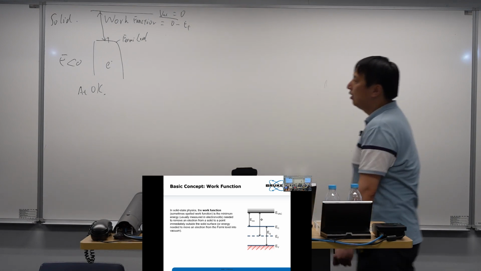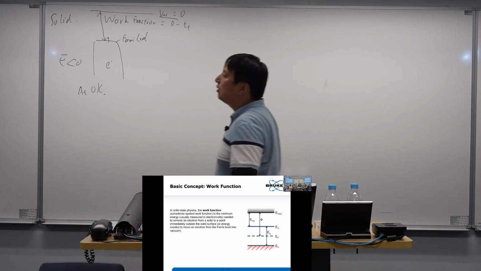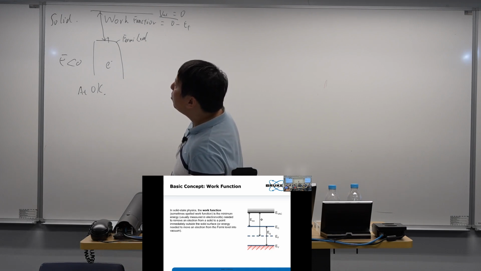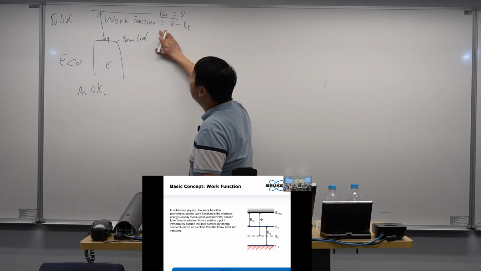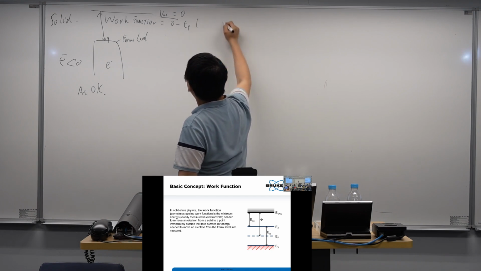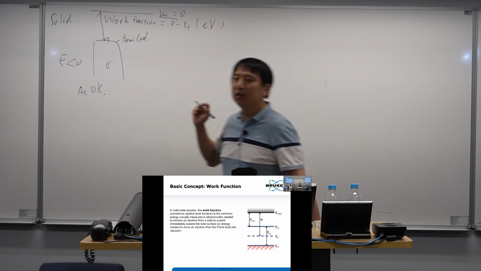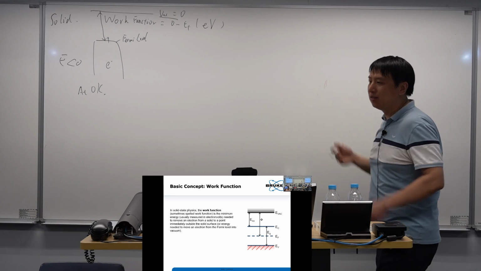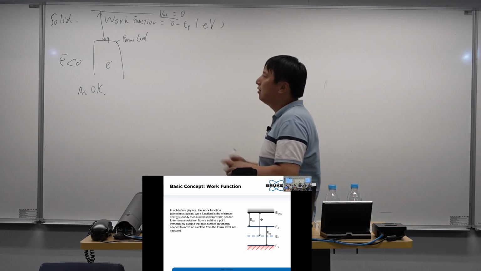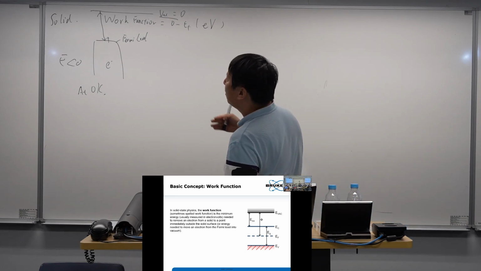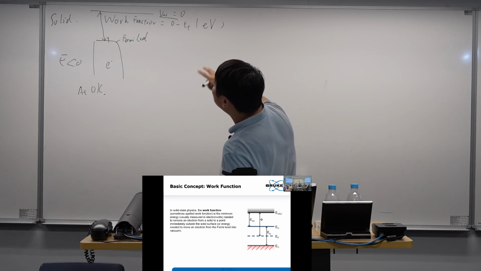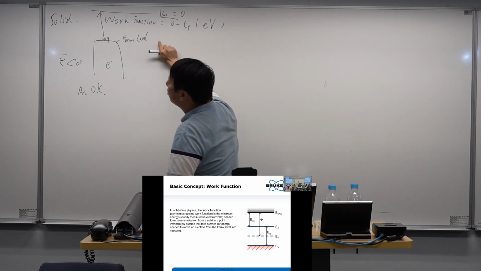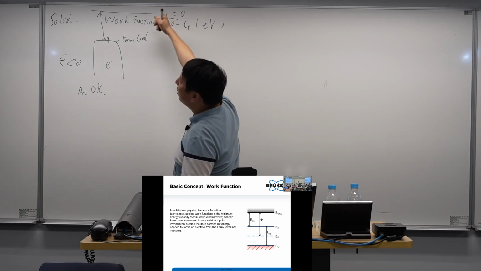And in the textbooks, the unit of the Fermi level and the work function is the electron volt. It just means the energy to move one electron from the Fermi level to zero.